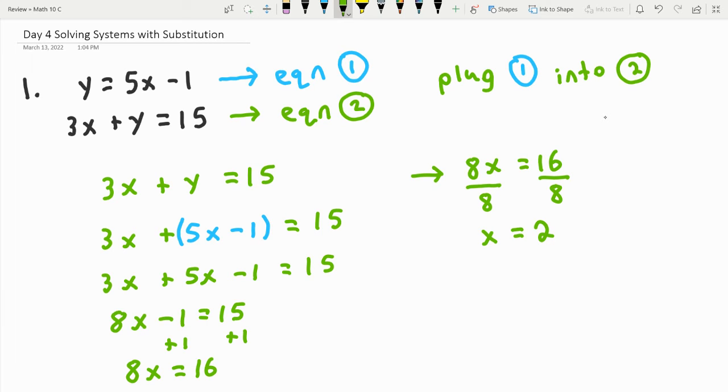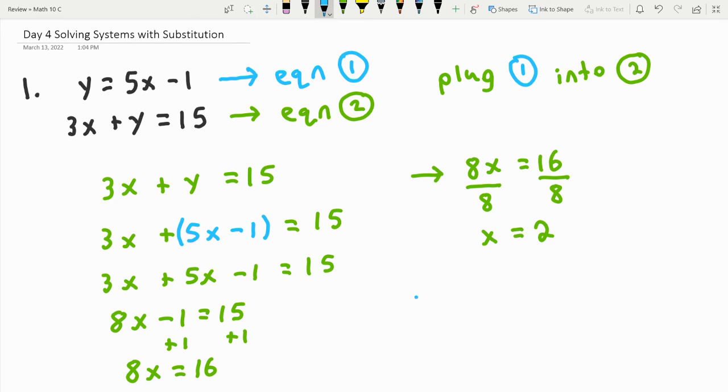So I found my first point. Now to find y, I can just plug in the value of x back into any of the equations that I had before. I can plug it into equation 1 or equation 2 and then solve for y that way. But because equation 1 is already in y equals form, I'm just going to plug 2 back into equation 1.